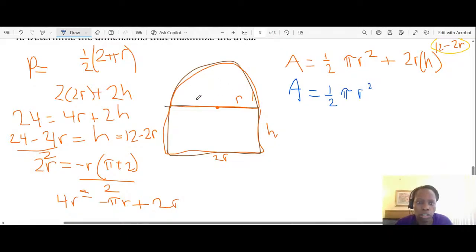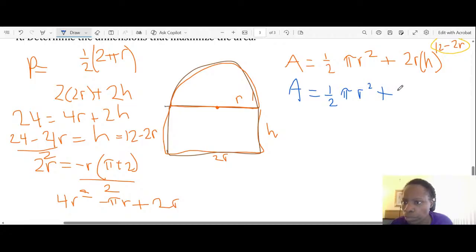Okay, so that's the area of the semicircle plus the area of the rectangle. And we found out that the h is actually 12 minus 2r based on the perimeter, right?